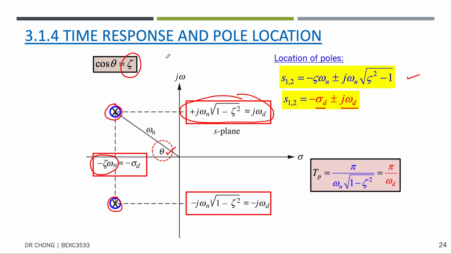So when I have the zeta and so on, I can calculate the peak time. I can write it this way with omega d, and this is also another way to write it, because you do not need to use zeta omega n. If you know the location of the pole, you can straight away use this value to calculate your peak time and settling time.